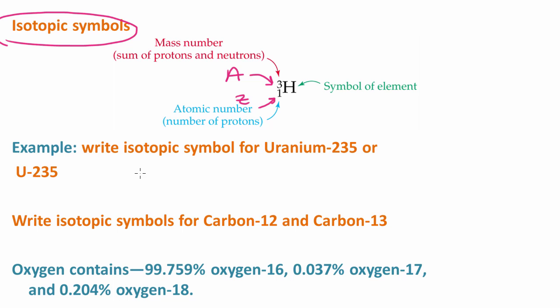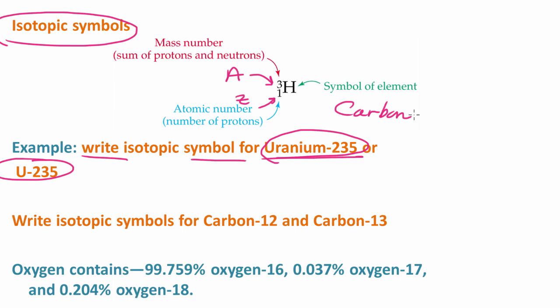So for example, here it says write an isotopic symbol for uranium-235. Anytime you see this, or I might say carbon-12, this is the mass number A. So I start with my element symbol, and I know that A goes up here, but now I have to go to the periodic table to look up Z. So let's go ahead and do that.